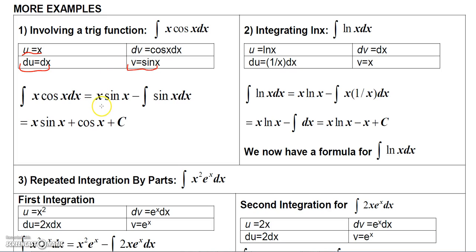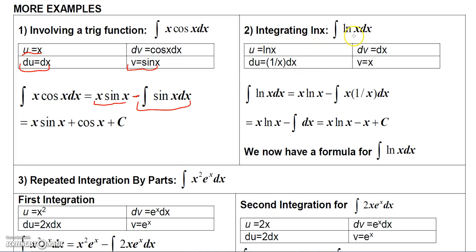And then that integral would be uv, which would be x sine x, minus the integral of v du, which would be sine x times dx. And you know how to integrate sine x. That's just going to be minus cosine x. So when you get a minus cosine x with a minus already in front of the integral, that's going to make that a plus cosine x. So bring down the x sine x, the cosine x, and then obviously your plus c.